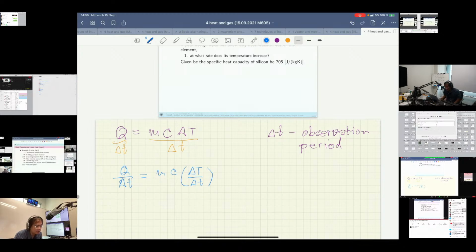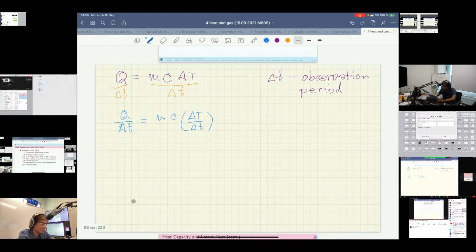And you move M and C to the left hand side, because you want to find the increasing rate of the temperature. So after arrangement, we would get delta T by delta small t equals Q by delta small t by M and C.